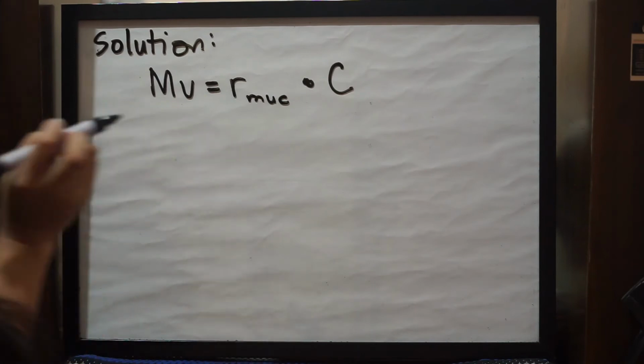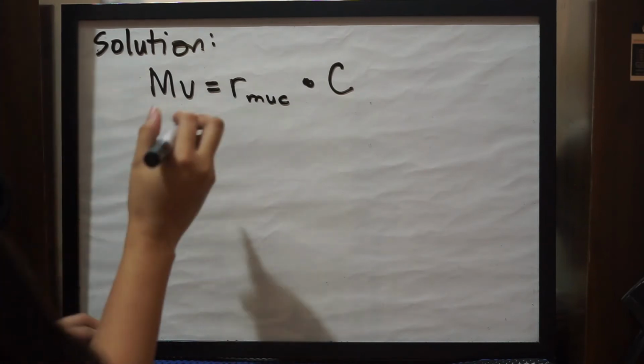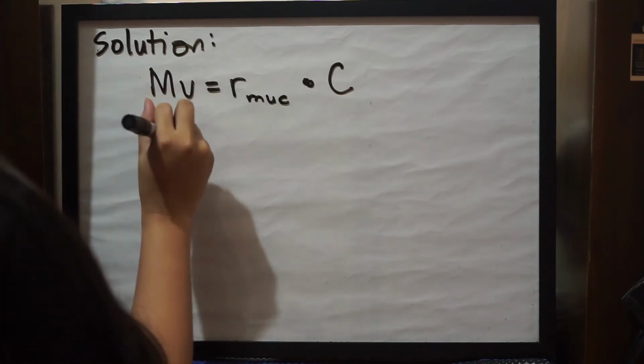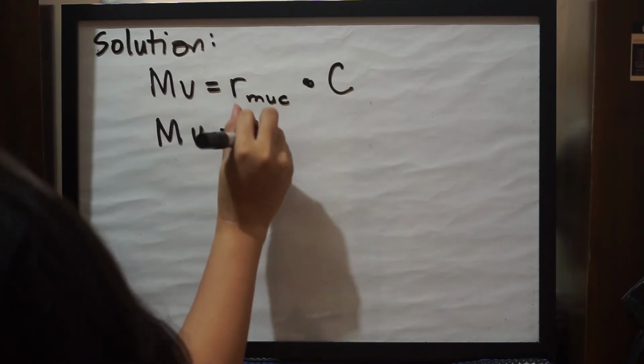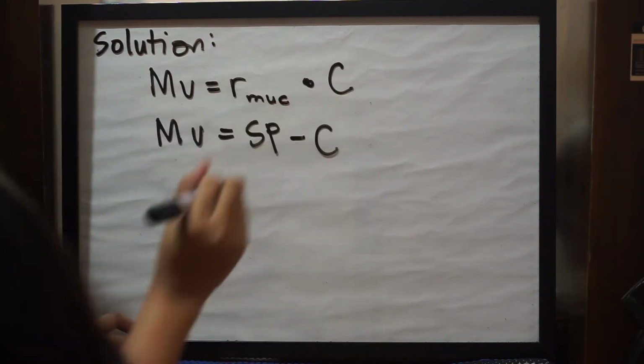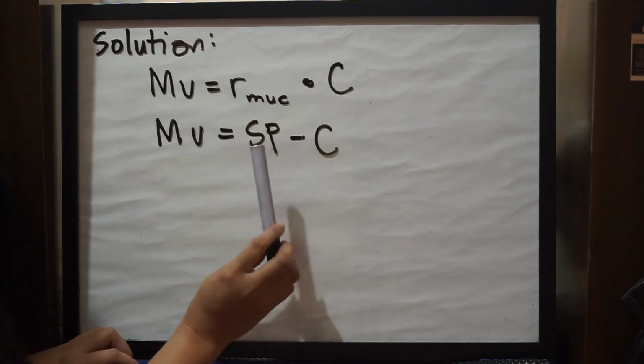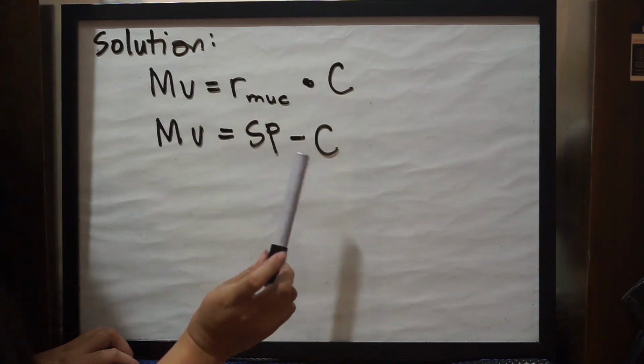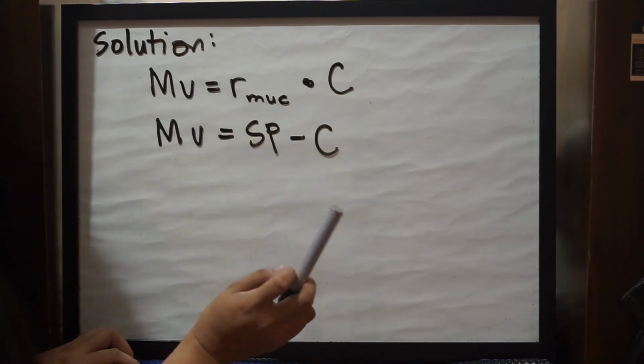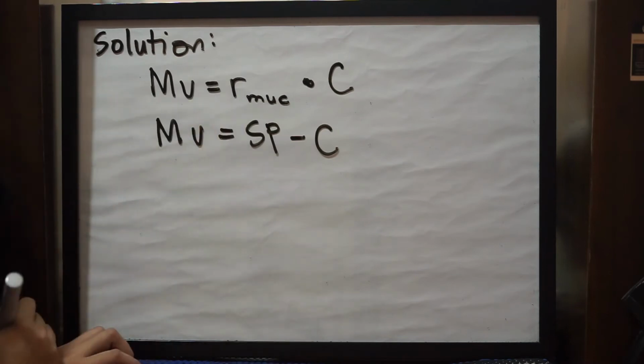Tapos, meron din tayong formula na markup is equal to selling price minus the cost. Ngayon, using these two, meron tayong rate of markup, meron din tayong selling price. So, hindi din natin magagamit directly yung formula. So, ano nang gagawin natin dahil hindi pa din tayo makapag-compute?